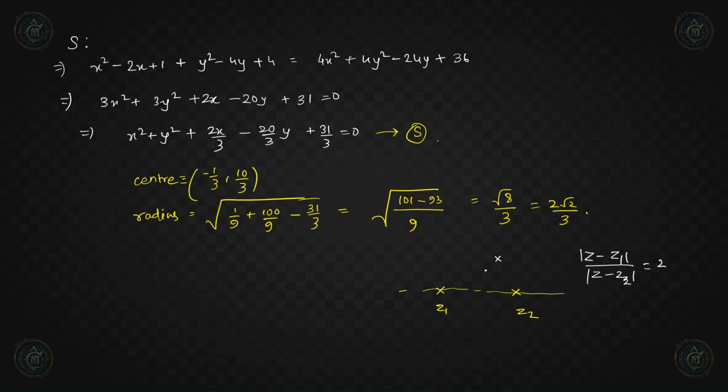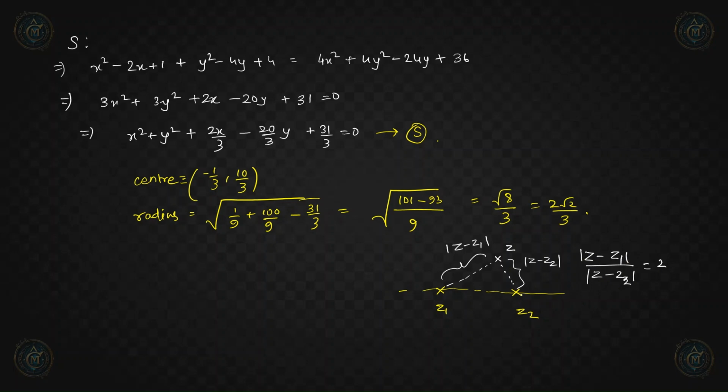Now if we join z and z1 and z and z2, this distance is |z minus z1| and this distance is |z minus z2|. According to the question, |z minus z1| is 2 times |z minus z2|, so |z minus z2| is |z minus z1| divided by 2.